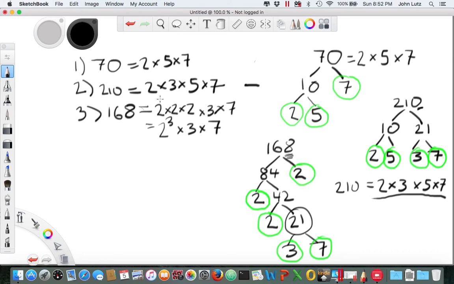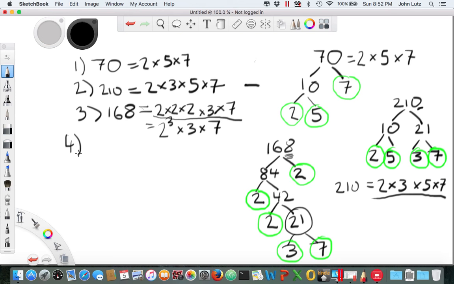Again, prime factorization, because, well, let's go backwards. 3 times 7 is 21. 21 times 2 is 42. 42 times 2 is 84. And 84 times 2 is 168. So you notice what we're writing here is we're not just saying what are the factors. The prime factorization means that we are expressing this number as a multiplication expression that is literally the same value.